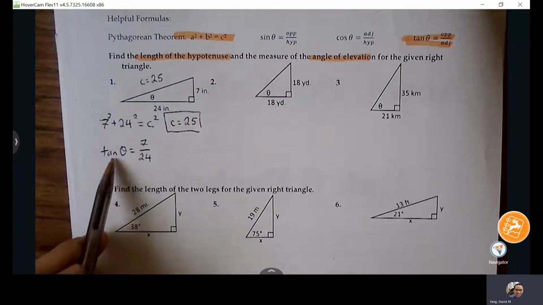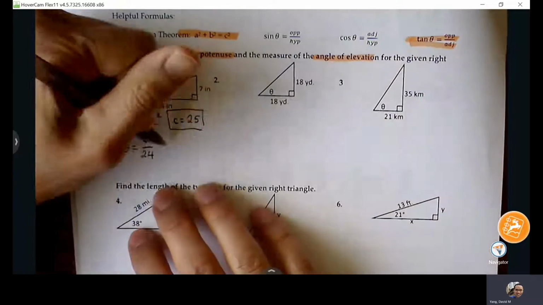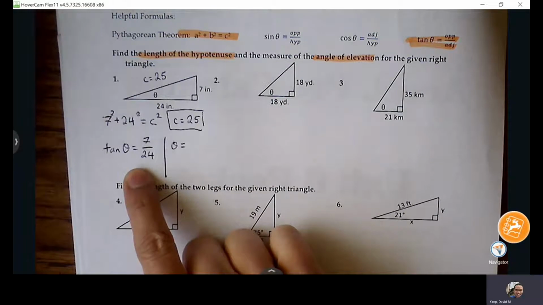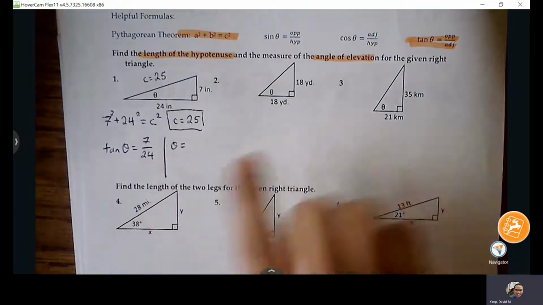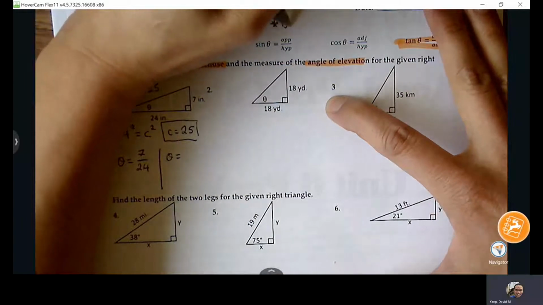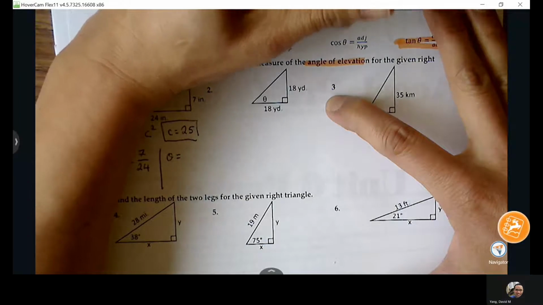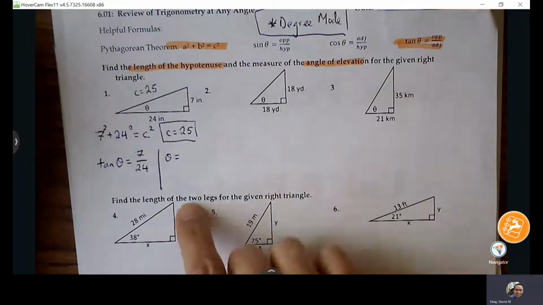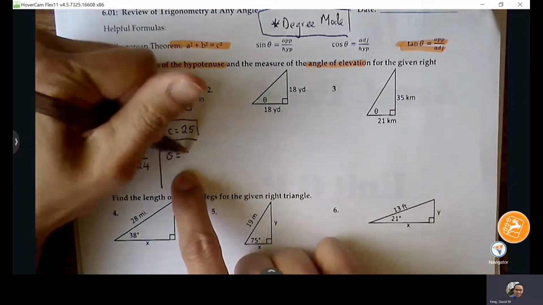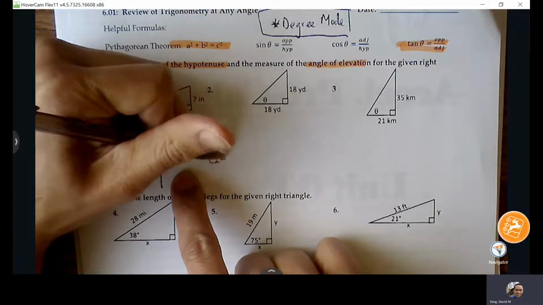We want to solve for theta, so we want to move this tangent over. We don't divide by tangent, we do inverse tangent. Make sure that you are in degree mode. If I want to find inverse tangent, I just write inverse tangent of 7 over 24.